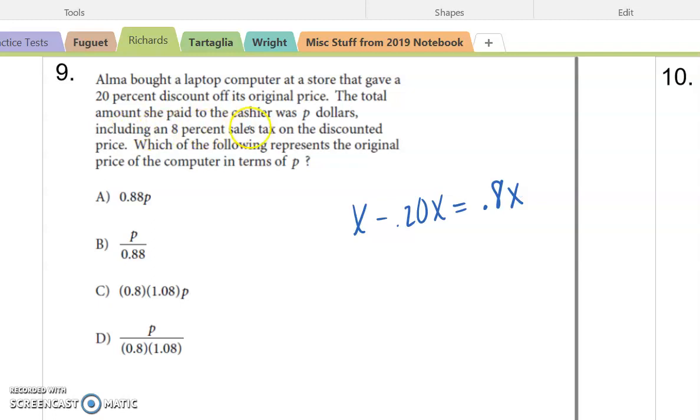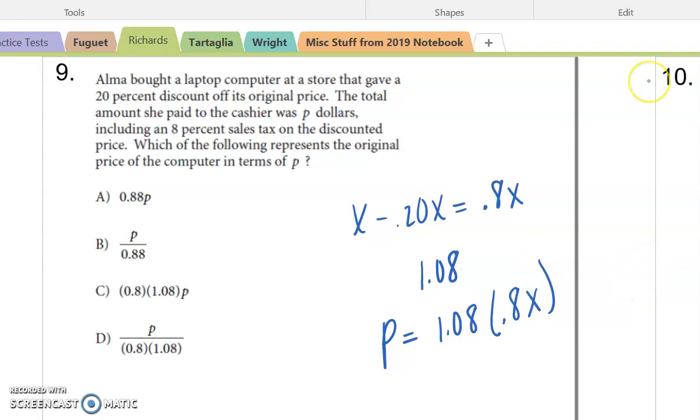The total price she paid the cashier, P in dollars, included an 8% sales tax. So when you pay that, that's your total at 1.08. So for me, the price she paid was 1.08 with the sales tax and 20% off the original.